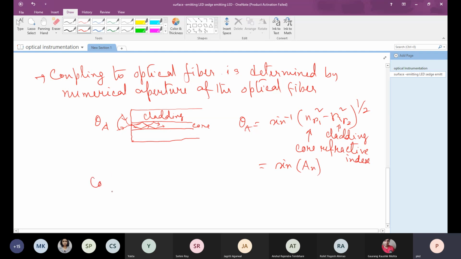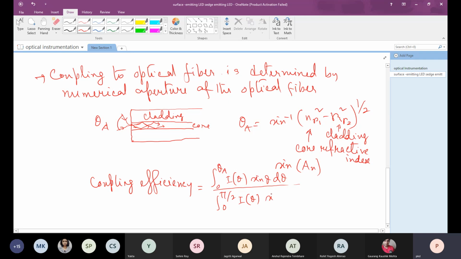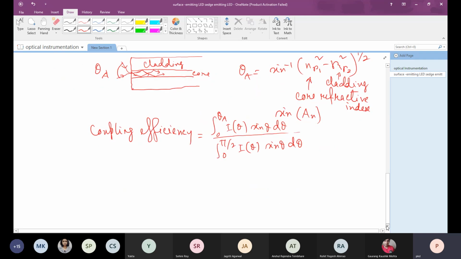The coupling efficiency is the integration of 0 to theta A of I(theta) sin theta d theta over 0 to pi by 2 of I(theta) sin theta d theta, equal to sin square theta A. I(theta) can often be written as I0 cosine theta.